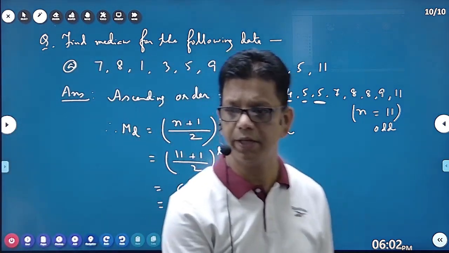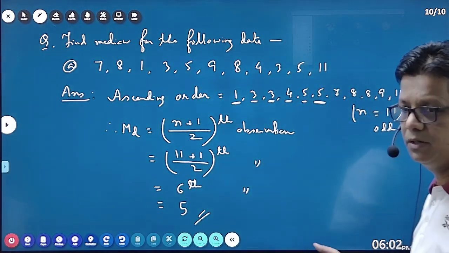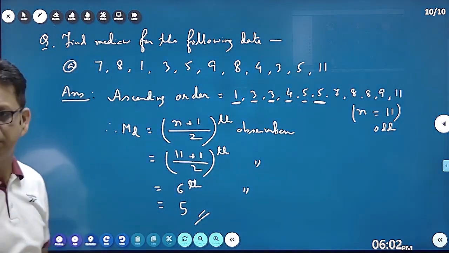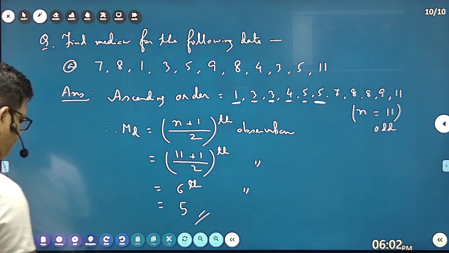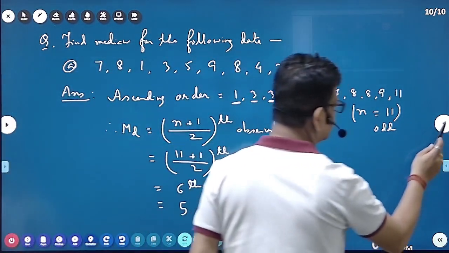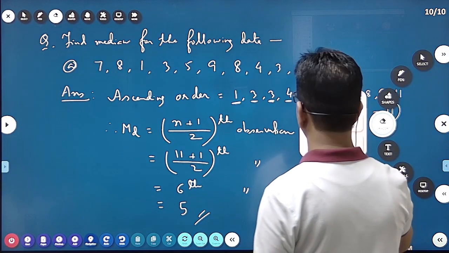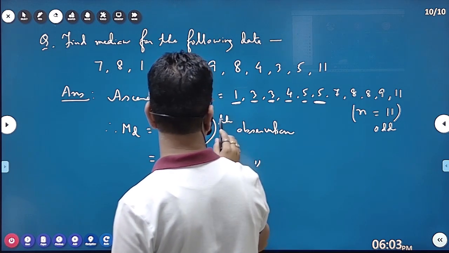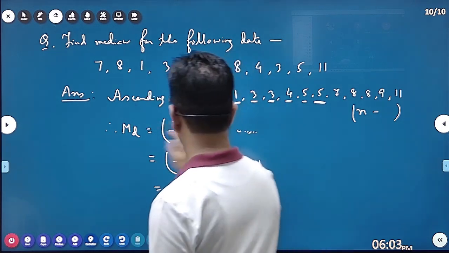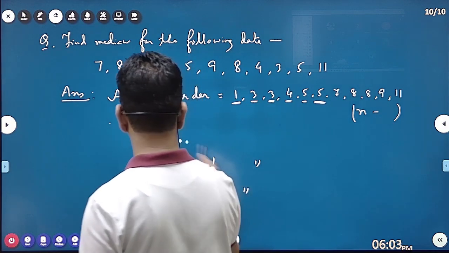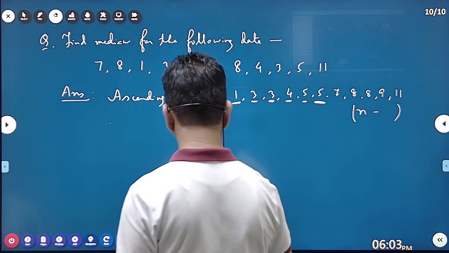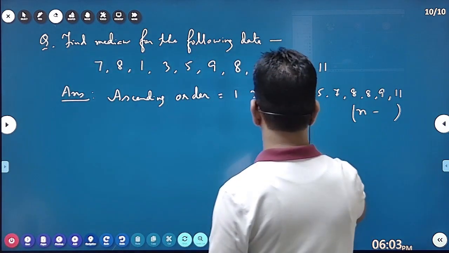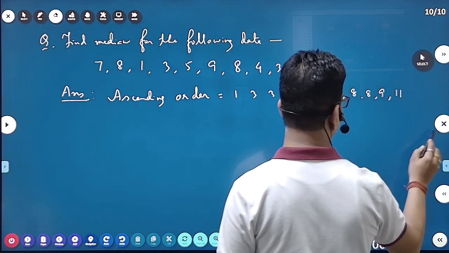Understood? Can you try the even one? The method is the same: first you arrange in ascending order. I just make it example B by adding one more number.